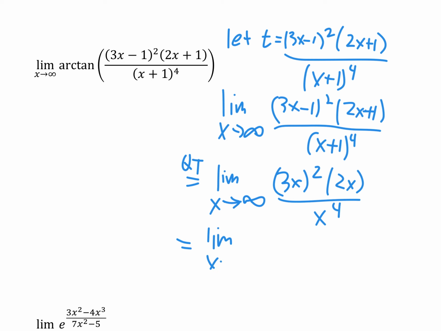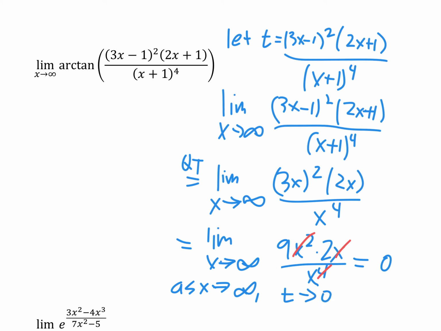It's going to give us the limit as x approaches infinity of 9x squared times 2x over x to the 4. So most of those x's cancel, but we still have one x left on the bottom. So this is going to equal 0 because we have 18 over x, which approaches 0 as x approaches negative infinity or positive infinity.